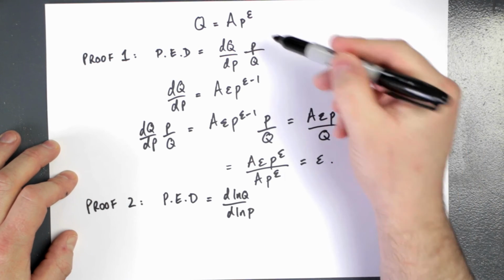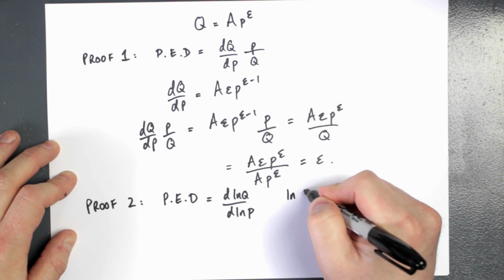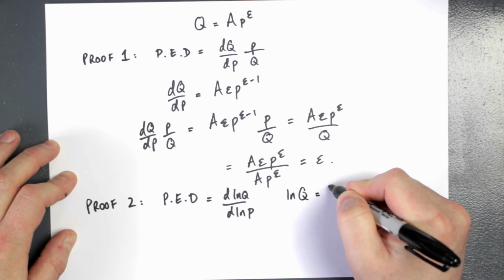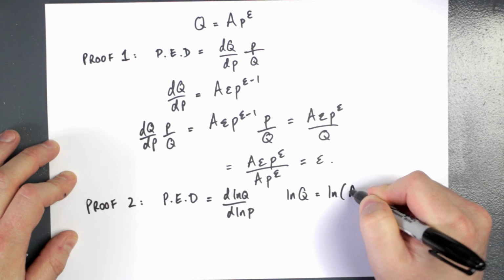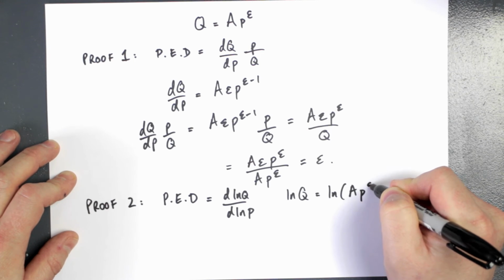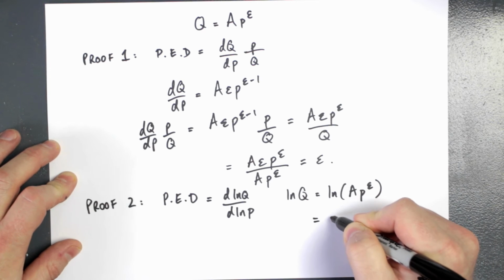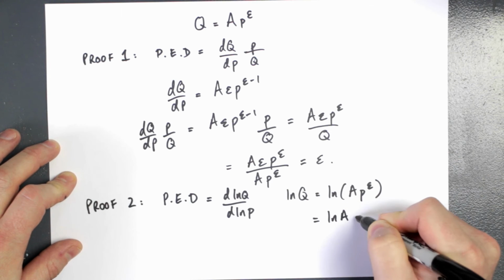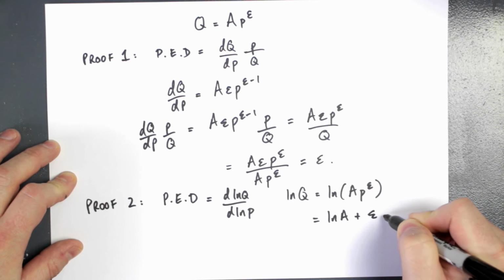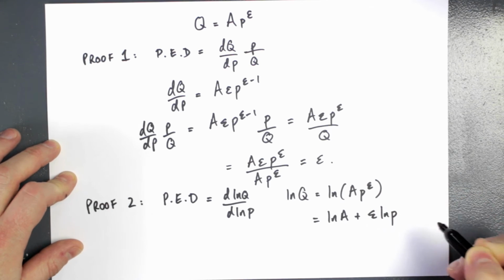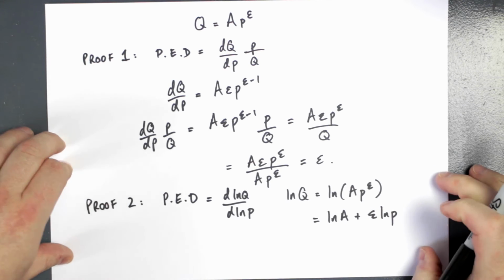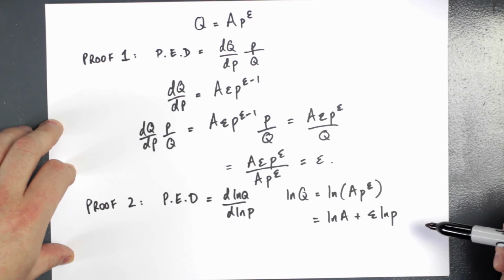Now, let's take logarithms of this. We have log of Q is equal to log of A times P to the power epsilon. And then using the basic rules of logarithms, this is log of A plus epsilon times log of P. Okay, so just recap them rules of logarithms if this looks mysterious.